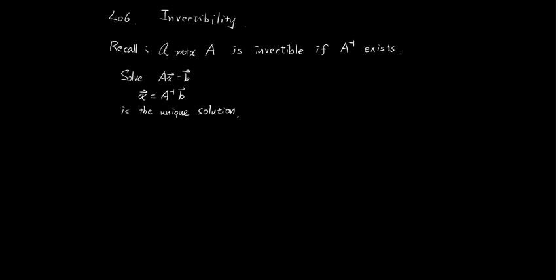But this does not always happen because A is not always invertible. Sometimes A is so-called singular, and you have a lot of solutions, or it does not have a solution. And if A is invertible, then this equation has a unique solution. If you review last semester, this behavior is called non-singular.